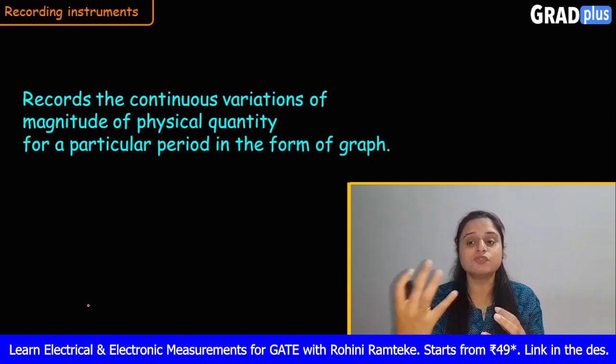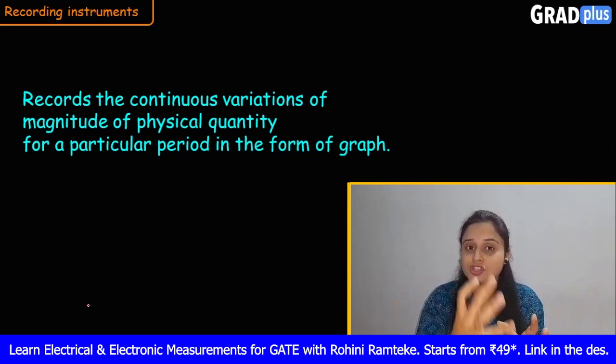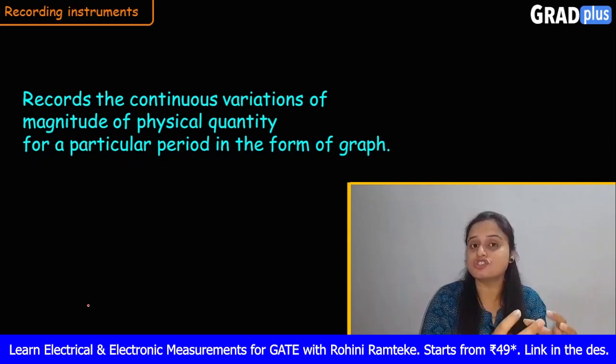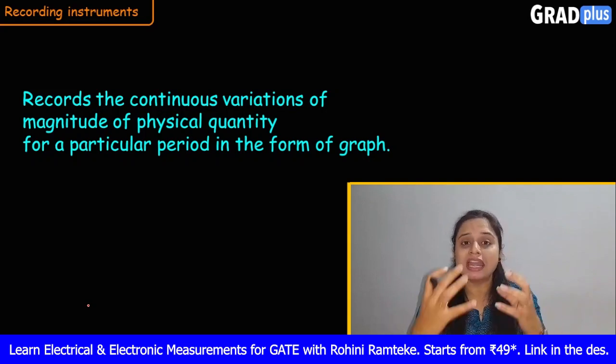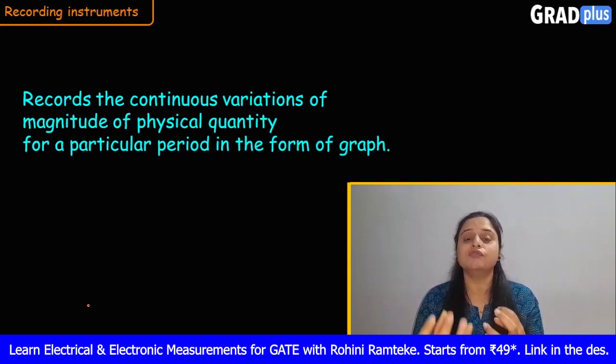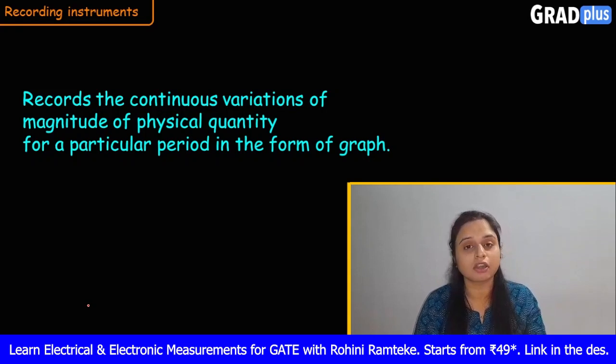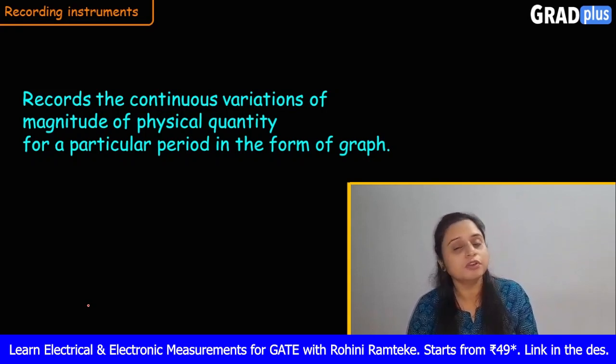The changes taking place continuously in the physical quantity get recorded for a particular period of time, and these instruments show the output in the form of a graph.